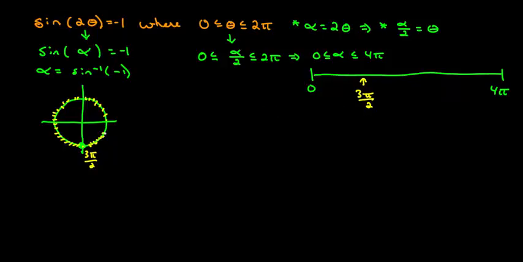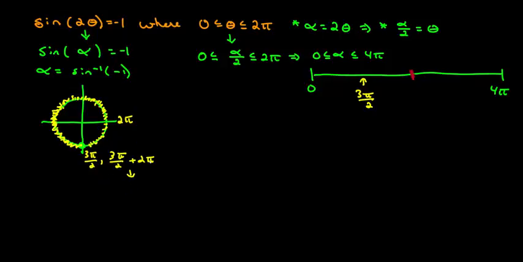If I keep going, I've now gone around once and I'm at 2 pi, which is right there, so it's right over here in between. Now let's keep walking until we get to 4 pi. I keep walking around, and now I hit another angle with a sine value of -1, which is basically 3 pi over 2 plus a rotation of 2 pi.